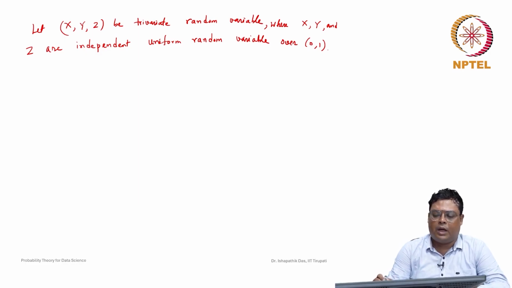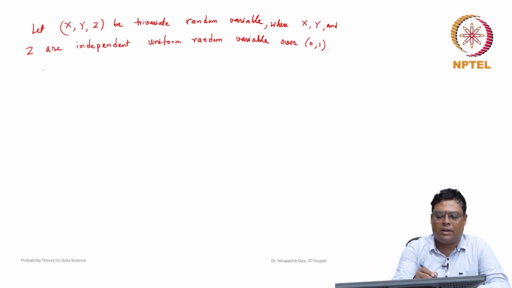Because they are independent random variables and also the same kind of random variable, all uniform over 0, 1, they are independent and identically distributed random variables. So what is their marginal probability density function? x and y all have the same probability density function. Let us find the marginal probability density function of x.